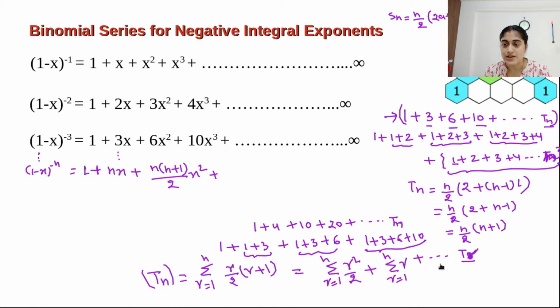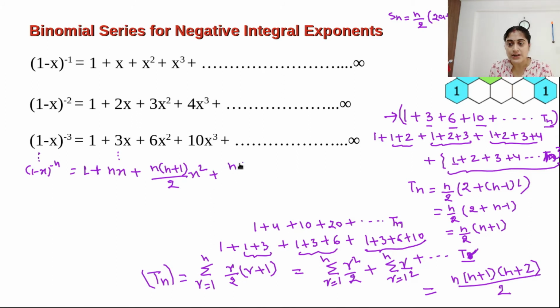So if you see this term r by 2, it looks like n plus 1 into n plus 2 by 2. If you expand this, it looks like this.